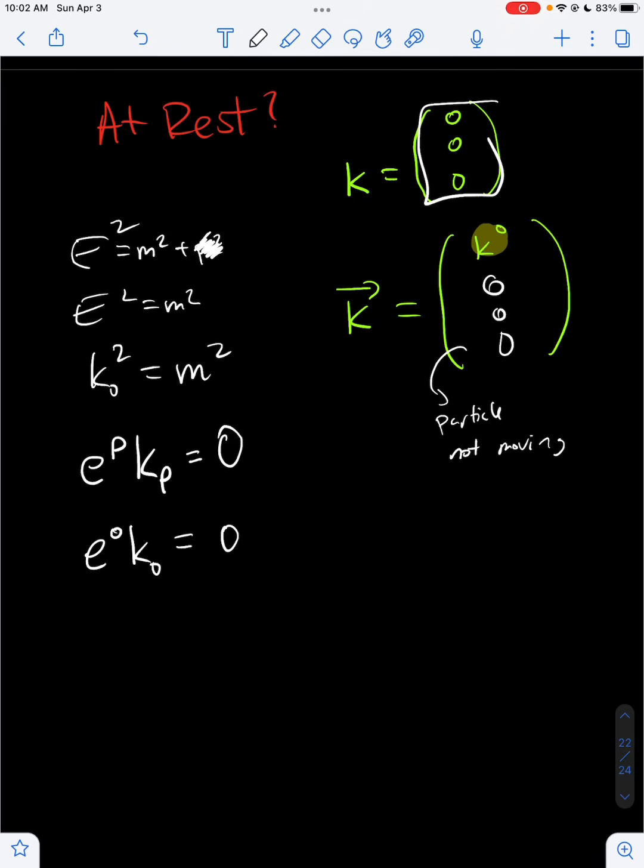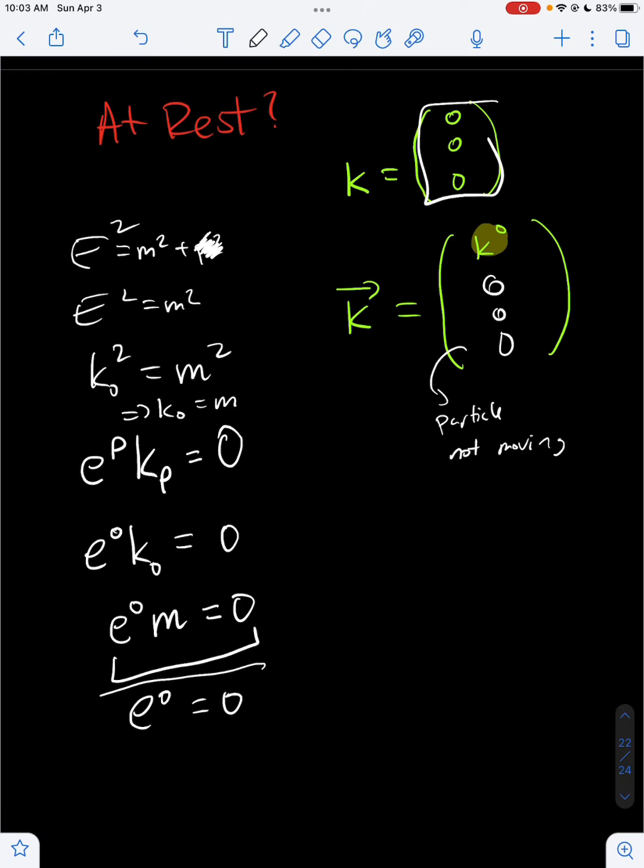And since k naught squared equals m squared, this implies that k naught equals m. This corresponds to E equals m, by the way. So that means that we can just say that E naught times m equals 0. Which means that the E naught component has to be equal to 0. And that's our only condition here. E naught has to be 0.